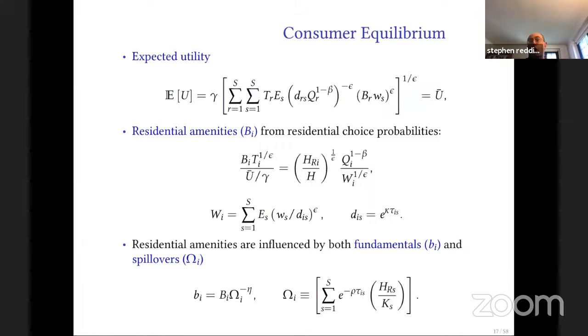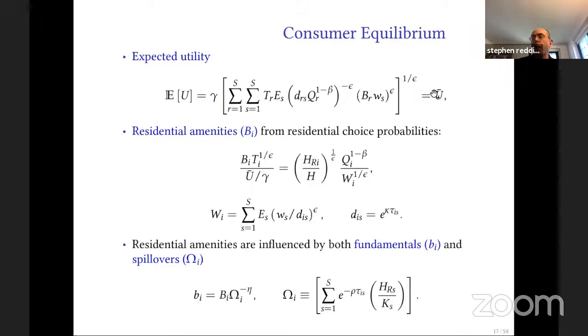And so it's going to attract a worse composition of workers in the sense of workers who have lower idiosyncratic draws for that particular pair. And with the Frechet distribution, that compositional effect exactly offsets the better fundamentals, so that in equilibrium, expected utility conditional on choosing each pair is the same throughout the city.